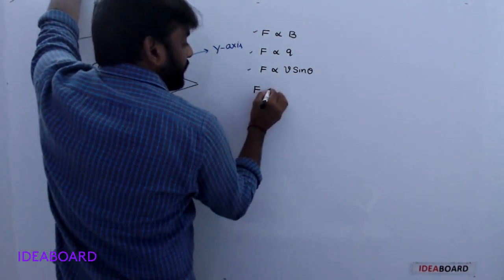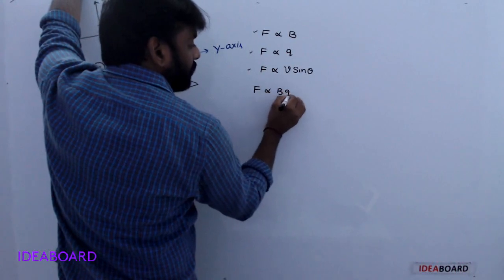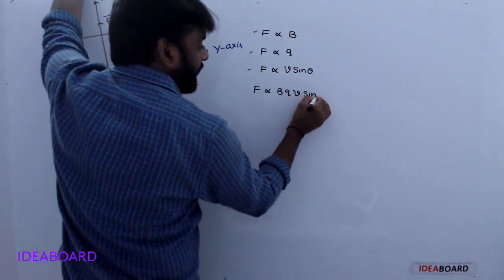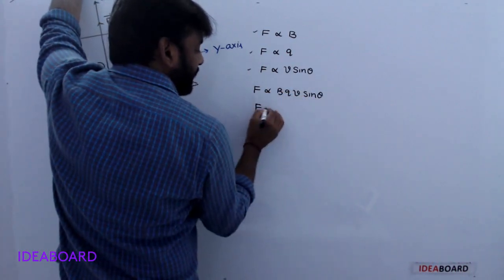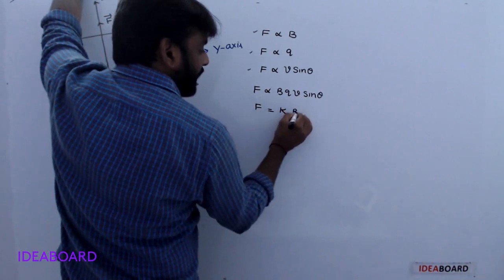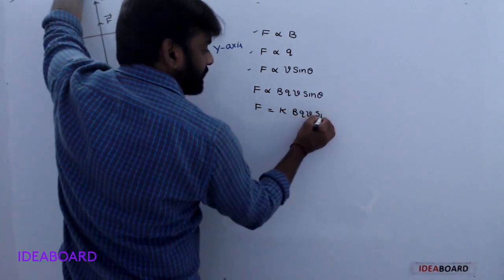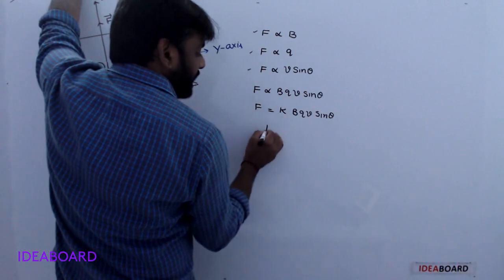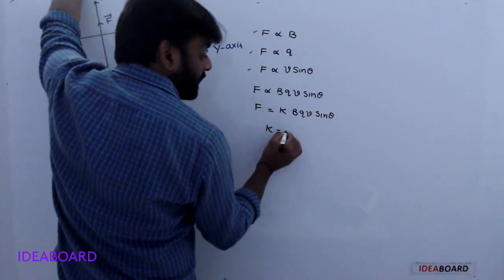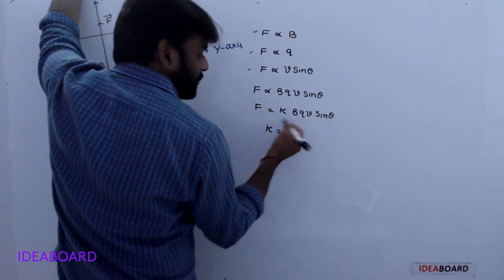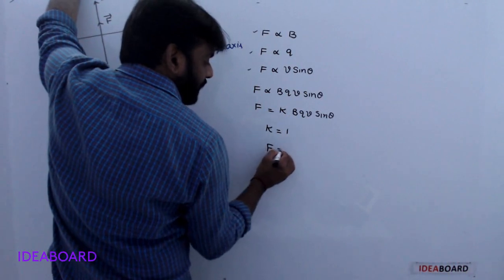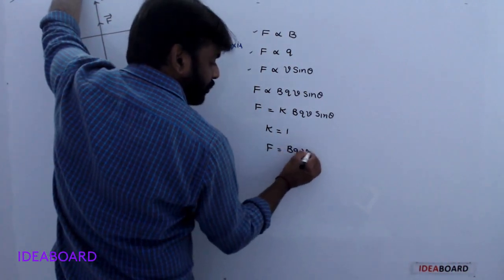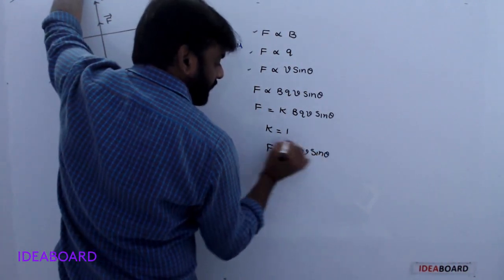Finally, F is directly proportional to BQv sin theta. F is equal to k BQv sin theta. Here k is the proportionality constant, and its value is 1. So F is equal to BQv sin theta.